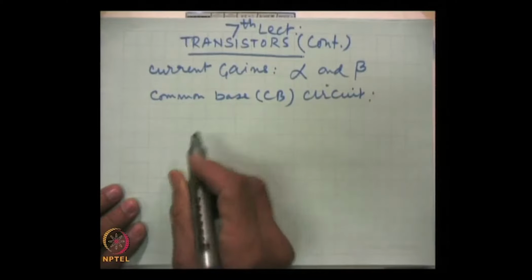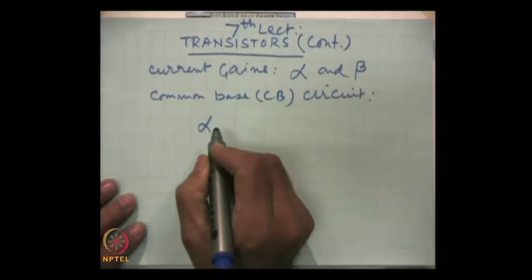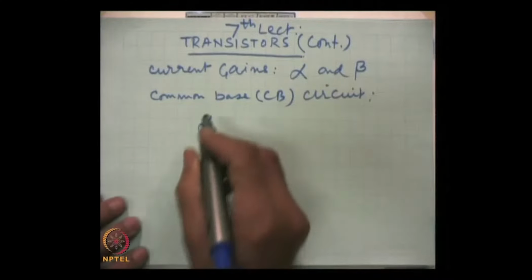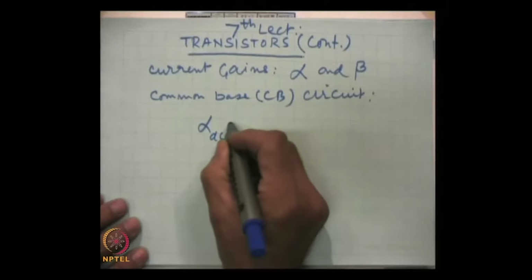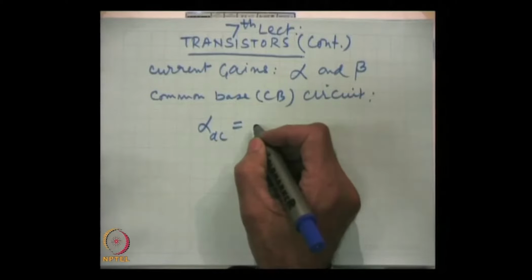And this is defined because at present we are considering the DC signals. So, we define alpha DC as the ratio of, as I said earlier, for gain the fundamental definition remains the same: output versus input.